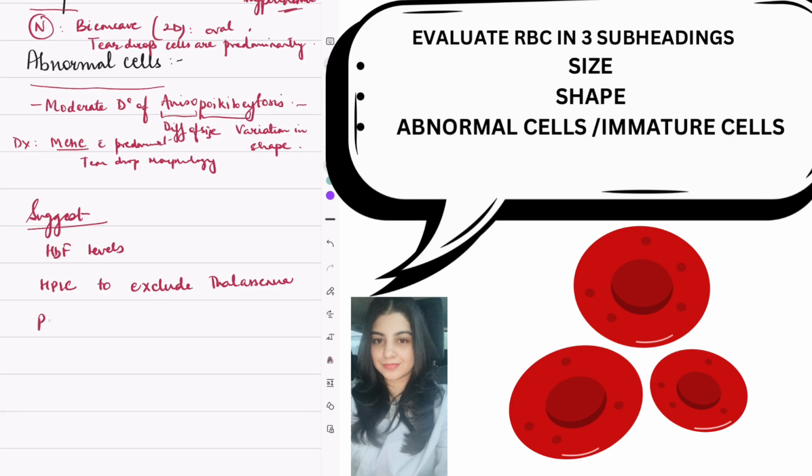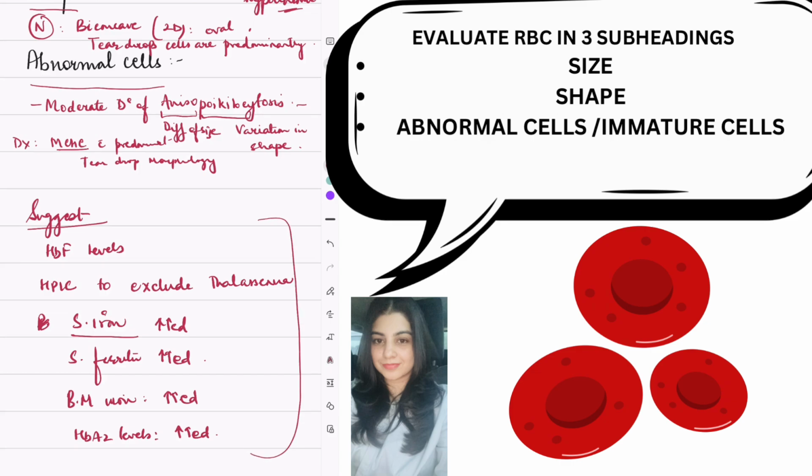And PS you have already done. Serum iron will be done, serum ferritin will be done. Serum iron will be increased in case of thalassemia, ferritin will be increased in case of thalassemia, bone marrow iron will be increased in case of thalassemia, and HbA2 levels will be increased in case of thalassemia. So after all these tests, a clinician will make a diagnosis of thalassemia.